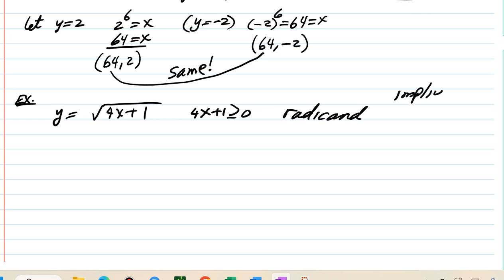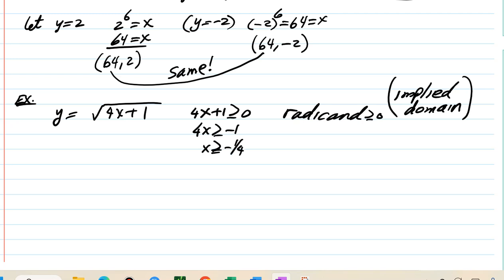We often talk about the implied domain of radicals, especially square roots. The implied domain says the radicand must be at least 0. So if I subtract 1 from both sides and divide both sides by 4, I have x greater than or equal to negative 1/4. And that is indeed the domain: x such that x is greater than or equal to negative 1/4.